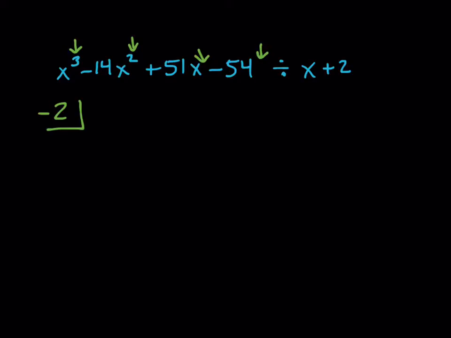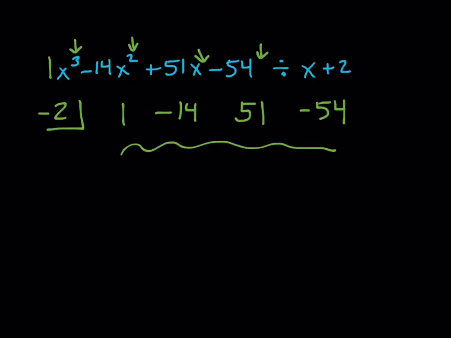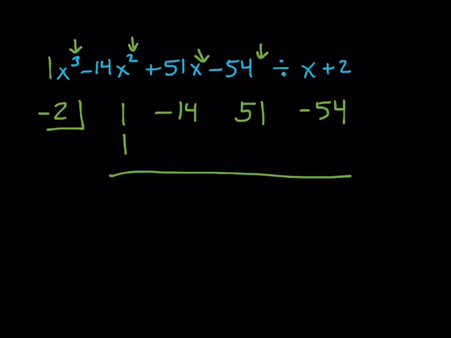I just fill in the numbers that I do have: 1 for x cubed, -14 for x squared, 51 for x, and -54 for the constant. I'm going to be filling in some numbers right below it, so I'm going to leave a space and then draw a line.